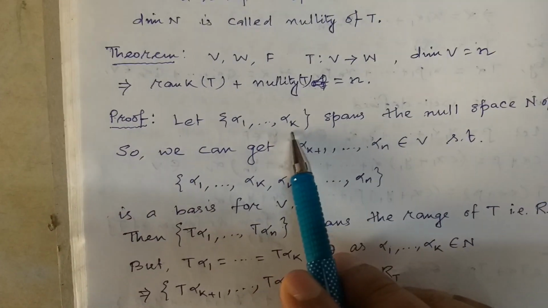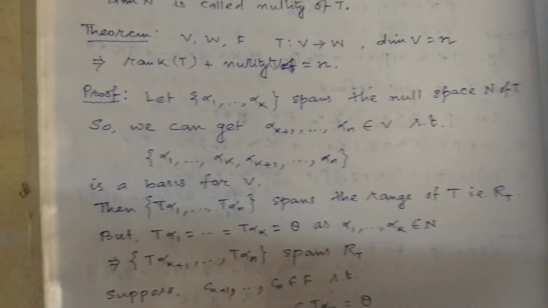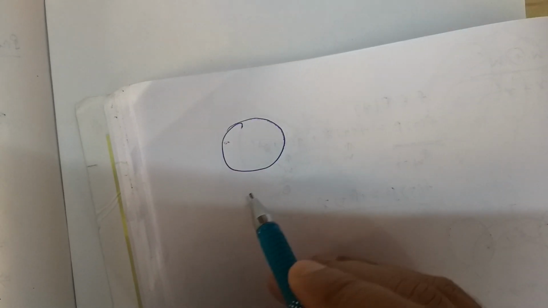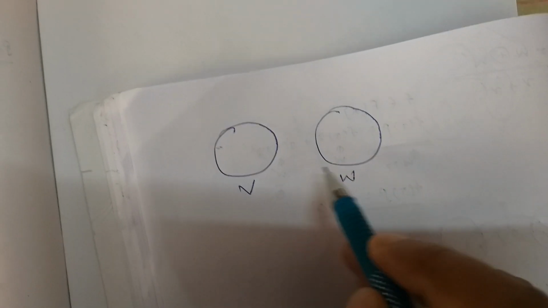Let alpha 1, alpha 2, ..., alpha k span the null space N. So here V is the vector space, W is this vector space.